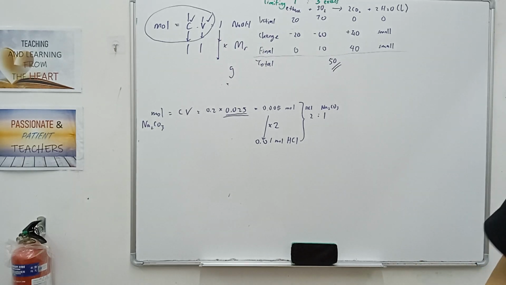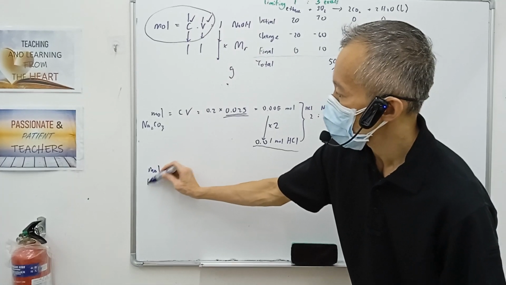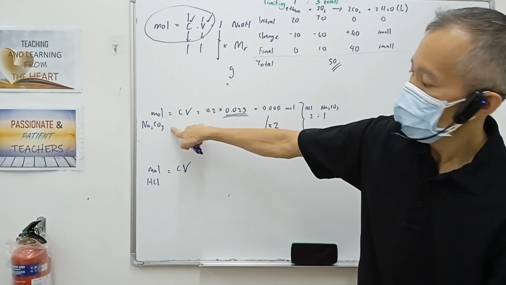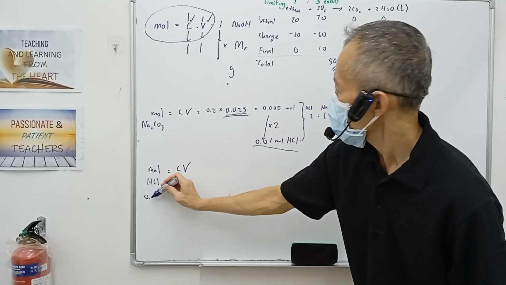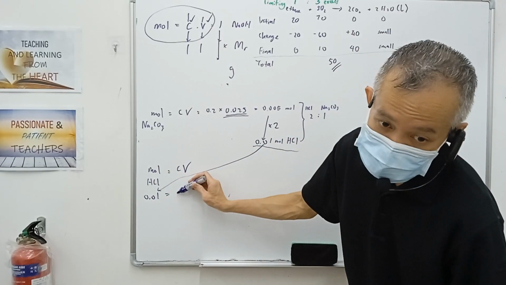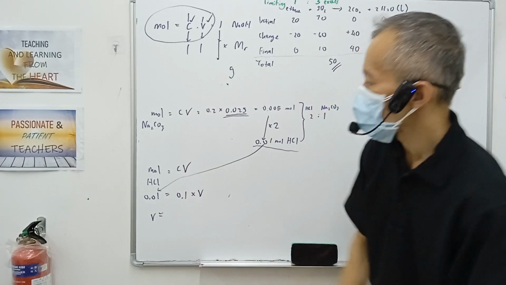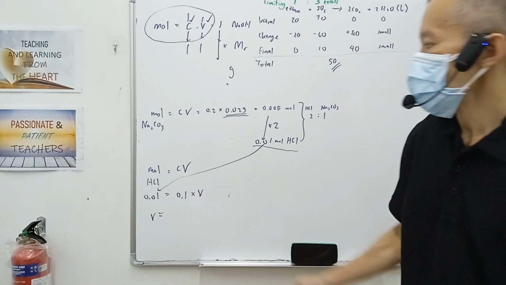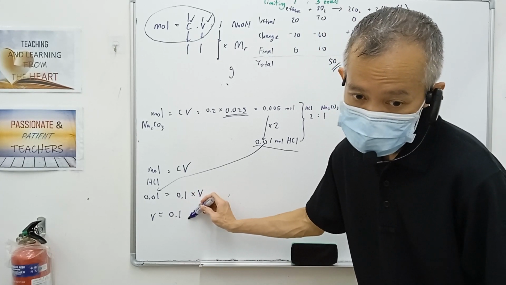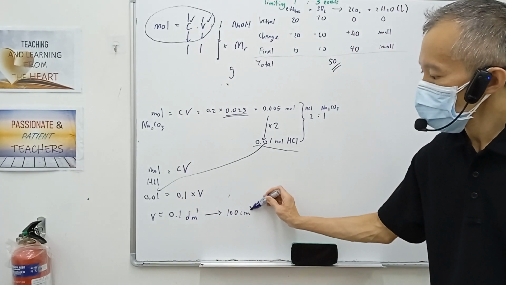Right, and now you know the number of moles of HCl, so you use exactly the same formula, just that now it's for HCl, just now was for sodium carbonate. HCl is 0.01. Concentration is given in your question, 0.1, so the only thing is to find out what is V. Okay, they will give you 0.1 dm cube, and of course, please convert to cm cube. Now you have your answer.